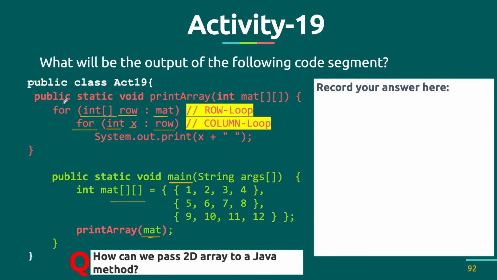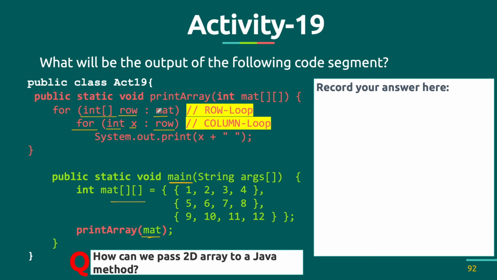The reason that we write it in this form is because we know that we need two for loops, one for the rows and one for the columns. We write the first for loop this way because, as we said, a matrix includes multiple rows, and each row is in itself a one-dimensional array.